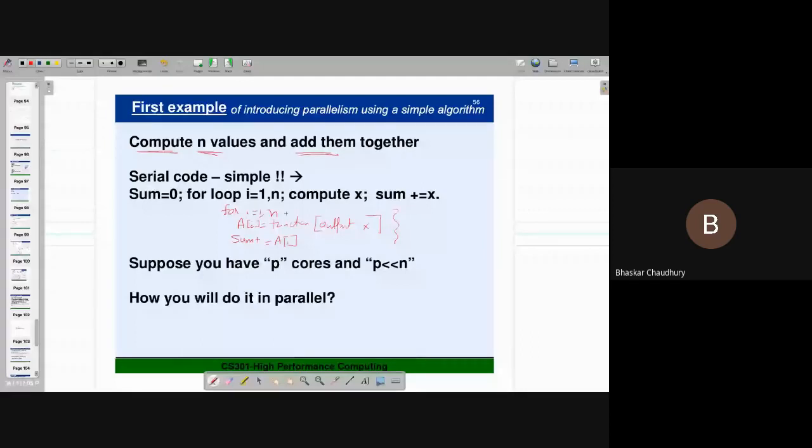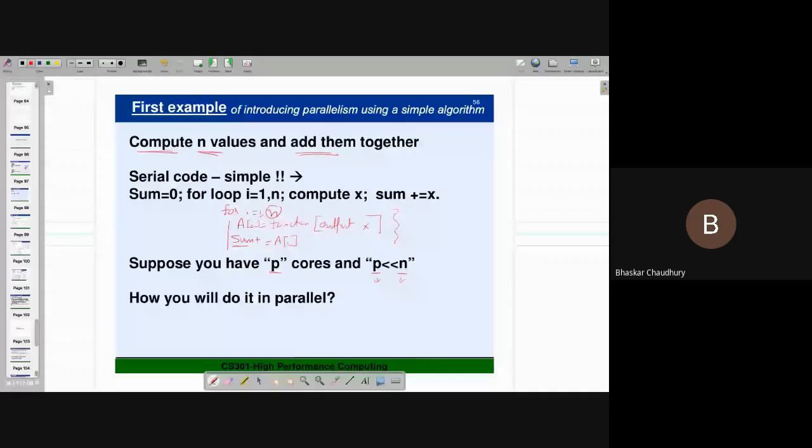Now, suppose I have P cores or P threads or P processors, whatever you may call it, and let's say that P is much less than N. So the number of processors is much less than N. How will we do this in parallel? As we discussed in our previous lecture, we don't see any dependencies here.